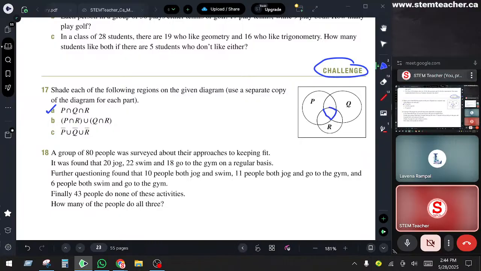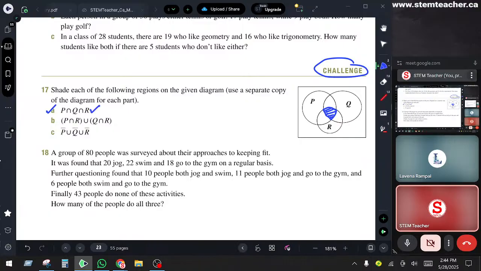This portion is available in P, this is available in Q, this is available in R. Can you see? It is available in all, so this portion is your P intersection Q intersection R.